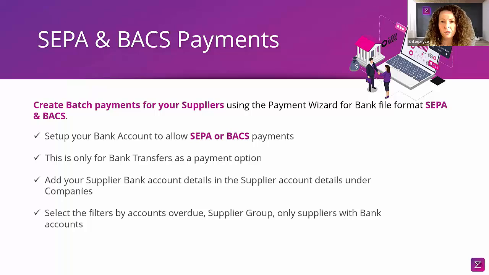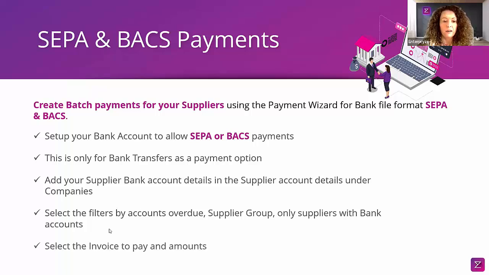If your organization is euro and you've got a sterling payment run to do, that you activate the sterling payment run separately. And that's simply done on the column filters itself within the payment wizard screen, where you can just change the currency to sterling. And then you only see the suppliers that are sterling or only see the suppliers that are euro, for example.